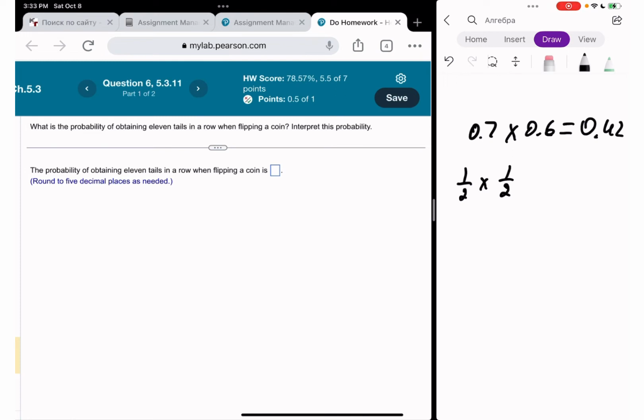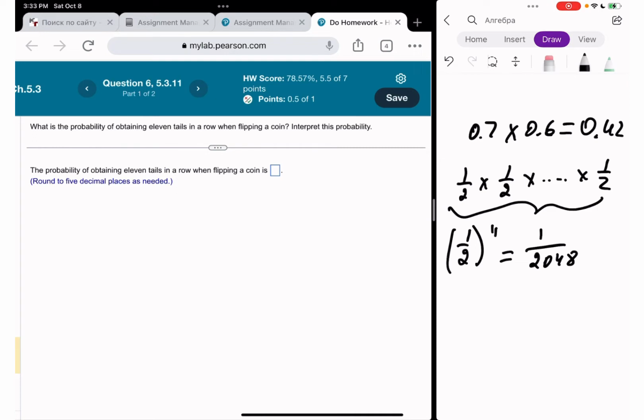It says 11. Or 1/2 to power 11. So 1 to power 11 is 1, let's see, 2 to power 11, we are getting 2048.